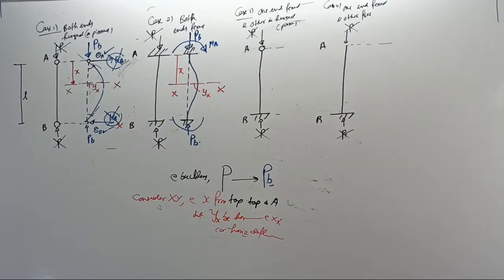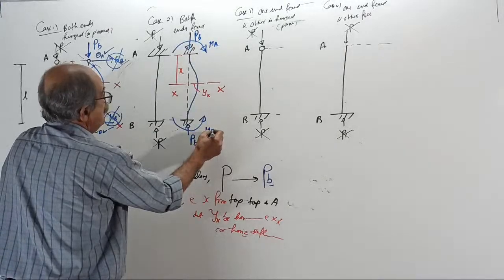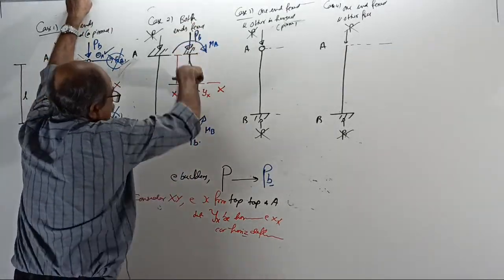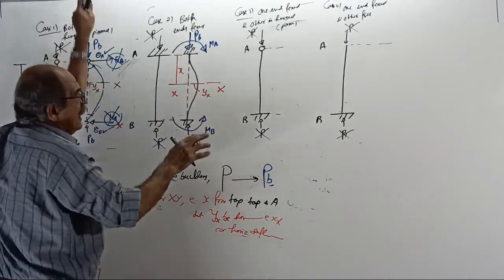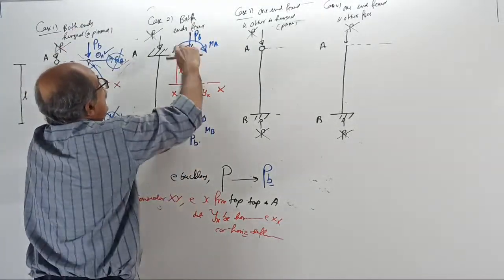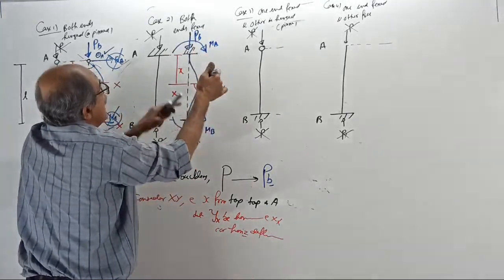Clockwise or anti-clockwise? Opposite, anti-clockwise. See, anti-clockwise, MB. Now, symmetrical case. PB balances PB, MA balances MB. Now if you take moment about this point, plus MA minus MB, MA equal to MB will cancel.